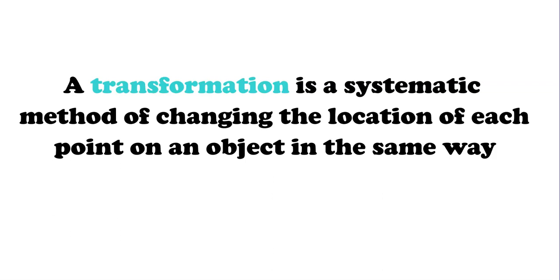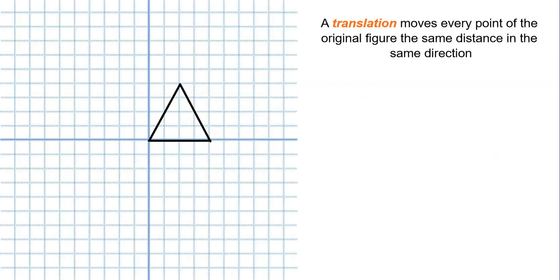So starting with a translation: it moves every point of the original figure, the preimage, the same direction and for the same distance. So one way that we could talk about a translation is that we want to move this geometric figure up by 4 units, also called shifting it 4 units up.